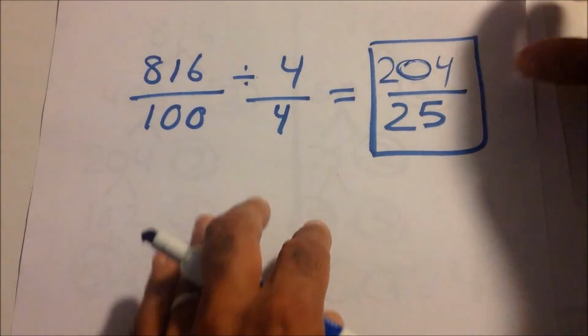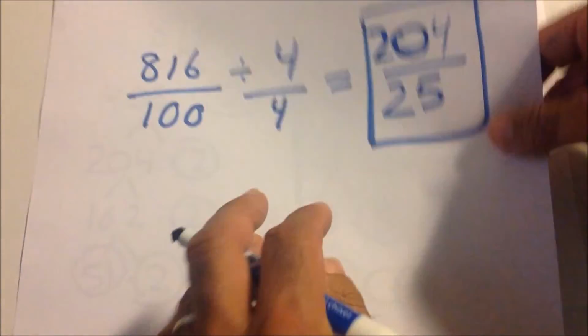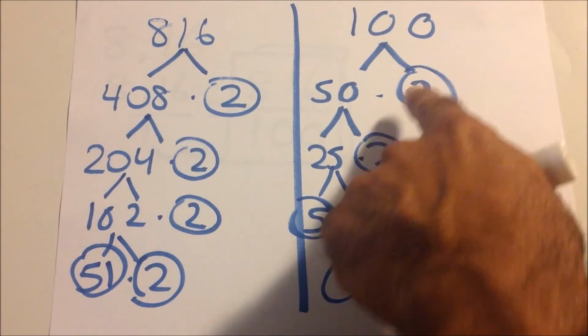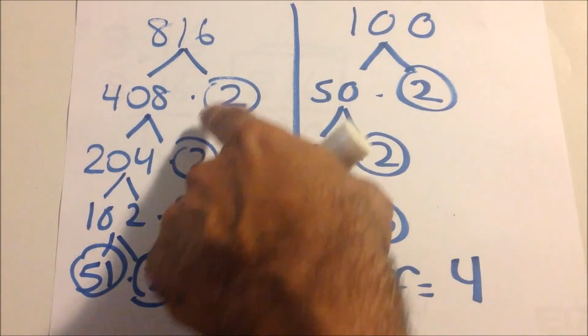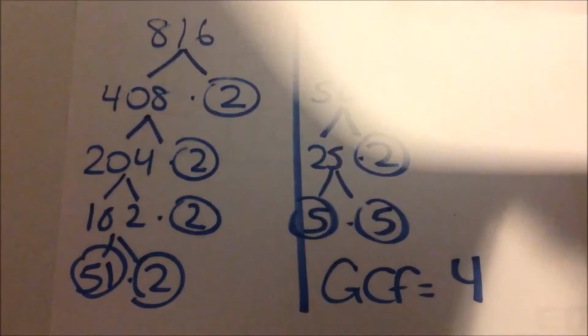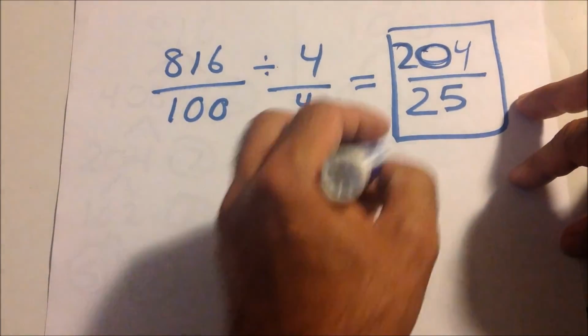So rewind the tape and see if you didn't understand how I got that, just by eliminating the number 4, because the GCF is 4, so you eliminate the 2 2's, which is 4. This is what you're left with, and that's the improper fraction. That's equivalent to this.